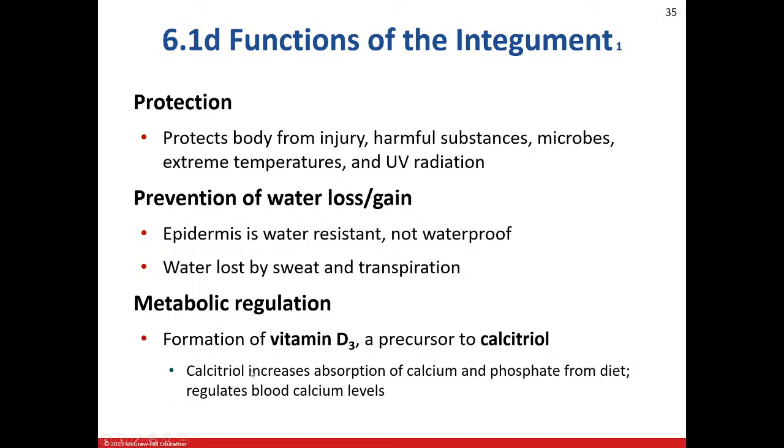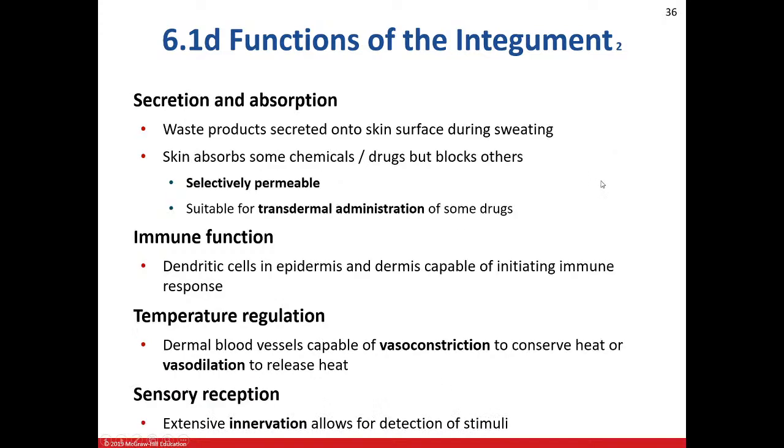That's active vitamin D. It increases the absorption of calcium and phosphate in the gut, helps us absorb those from the foods we eat. It also regulates blood calcium levels by increasing calcium absorption.